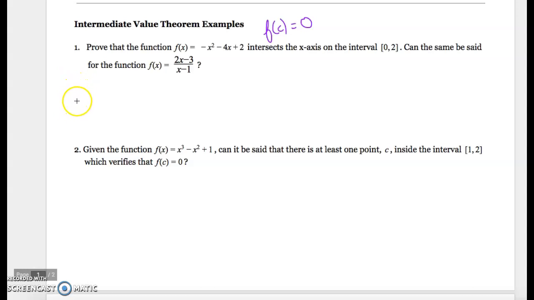When we write our skeleton for the intermediate value theorem, it's always "since something happens."